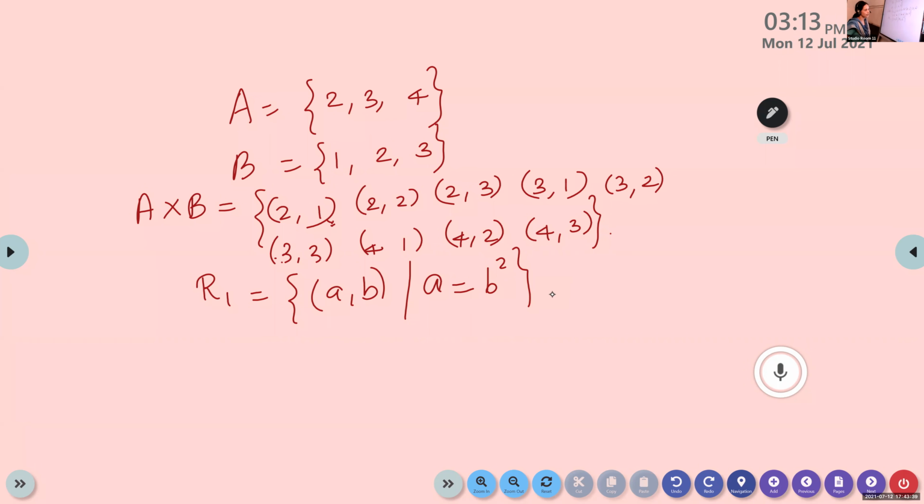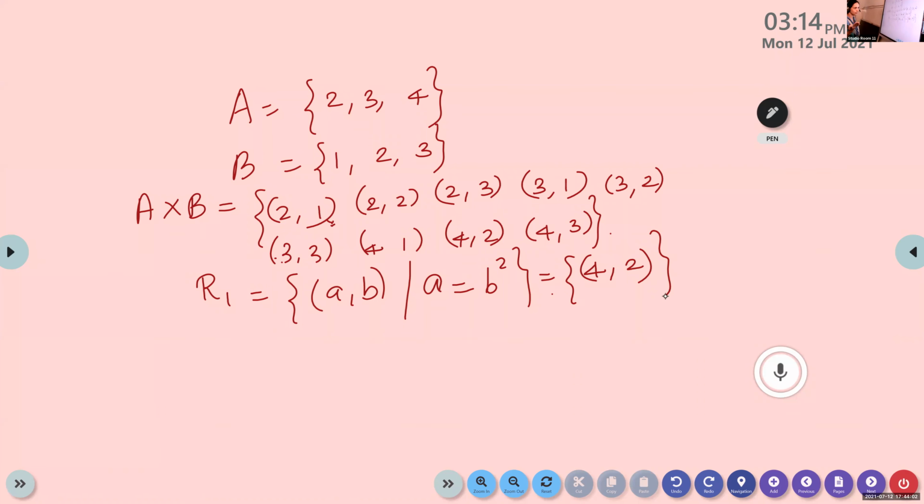The first element is the square of the second element. So which are the possible elements? (4,2). Yes? (4,2). Then, is there any other element satisfying? No, isn't it?